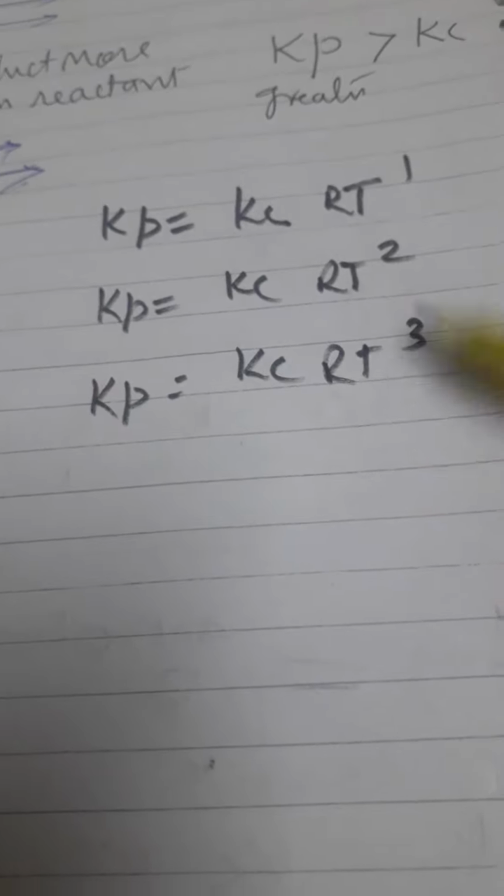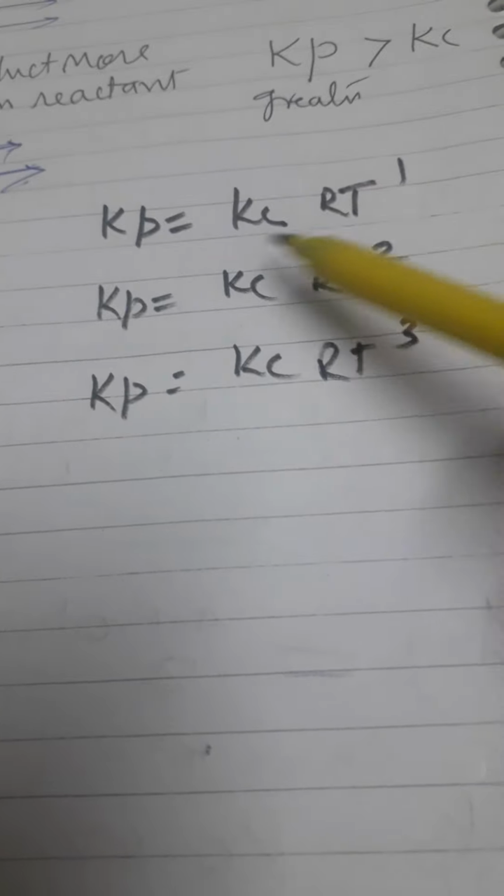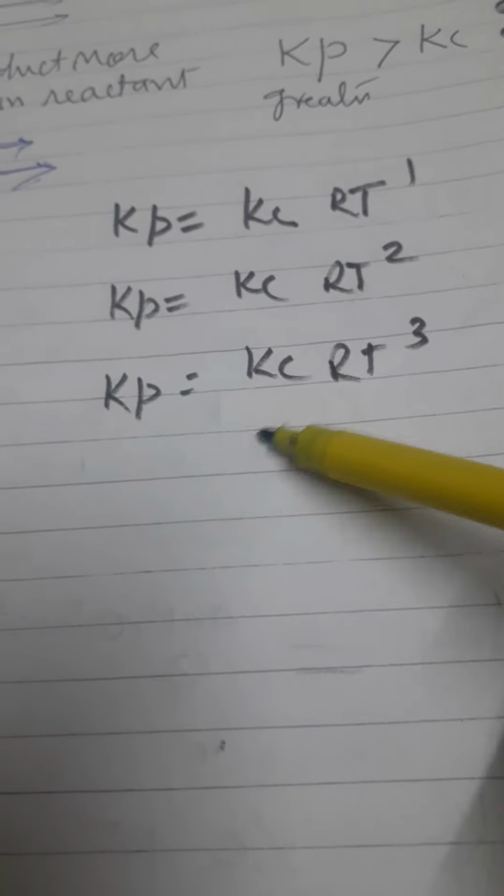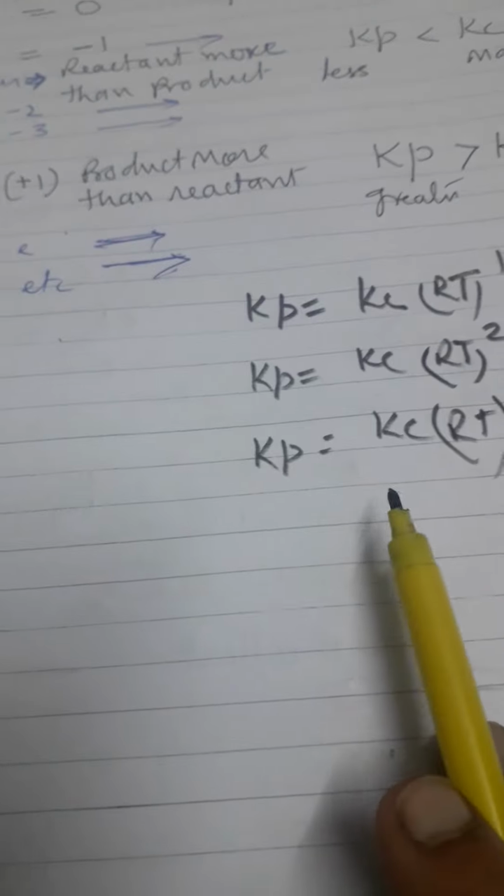So when Δn is plus 1, plus 2, plus 3, the value of Kp is going to increase. So Kp will be much higher in this case. So when Δn is positive, then only Kp will be higher.